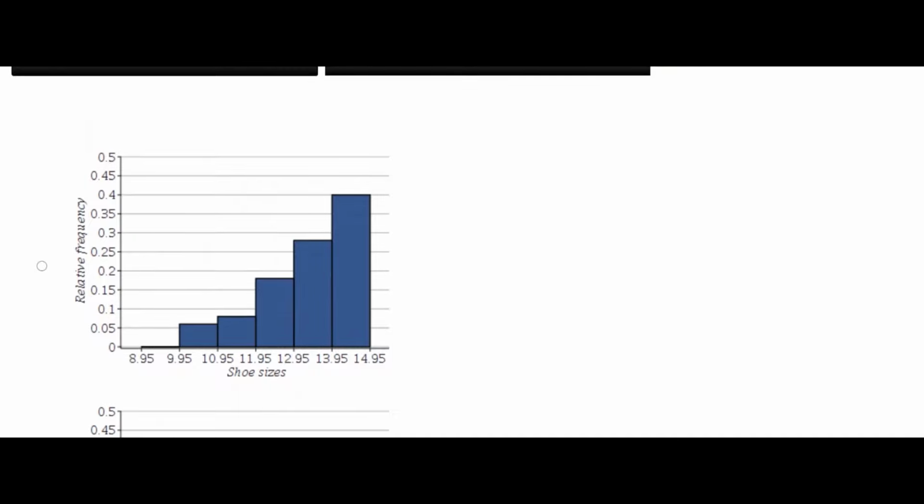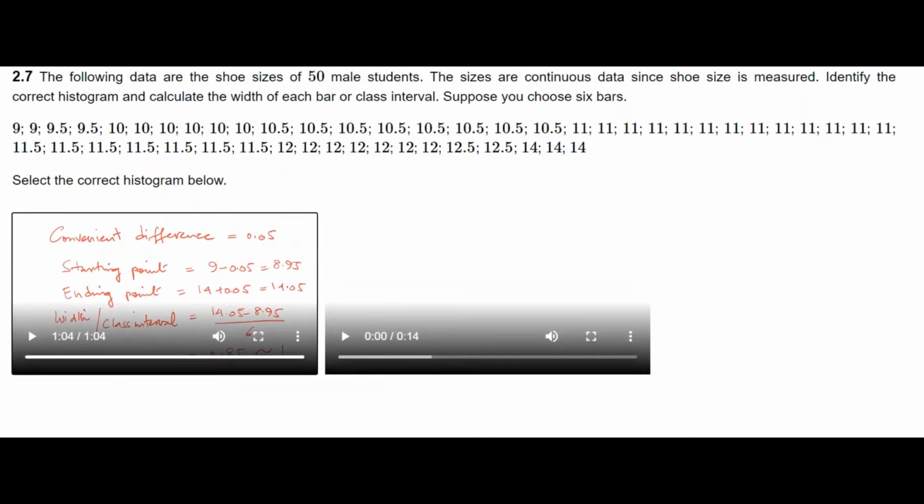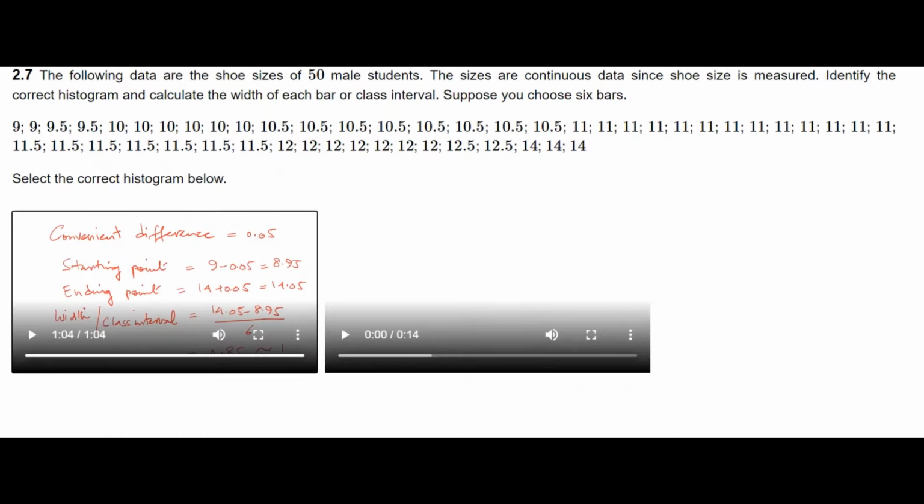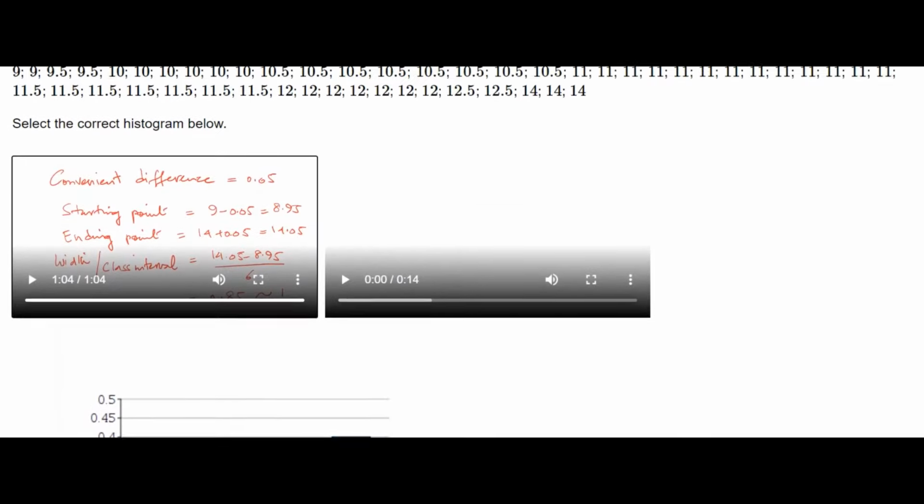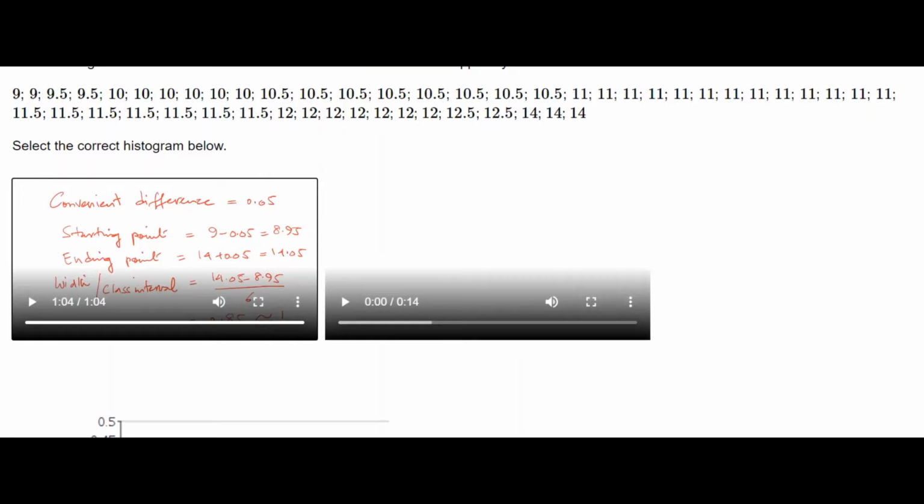Okay. Now the next thing is to construct the intervals actually. And if we look at the data set, we see that the relative frequency of the first interval, which is between 8.95 and 9.95, will contain all the numbers that start from 9 and end at 9.5 before 10.